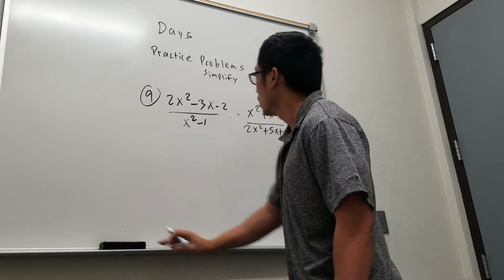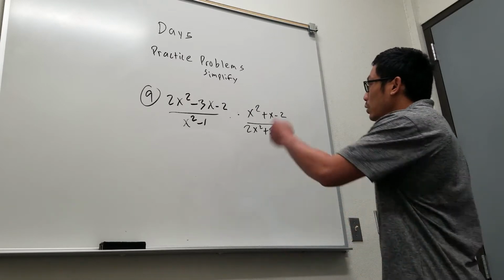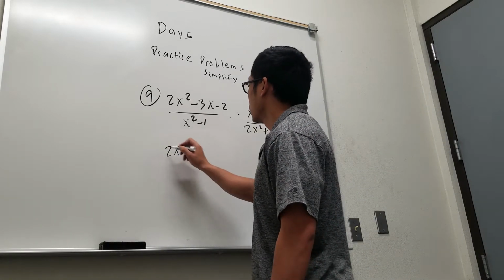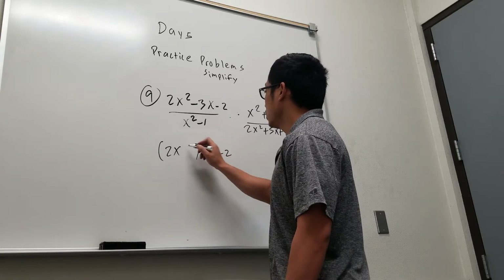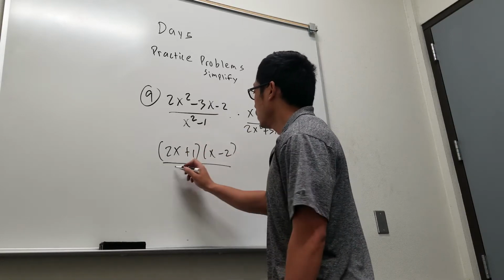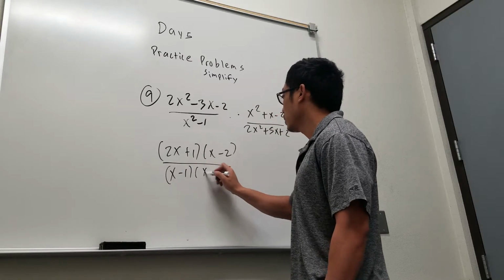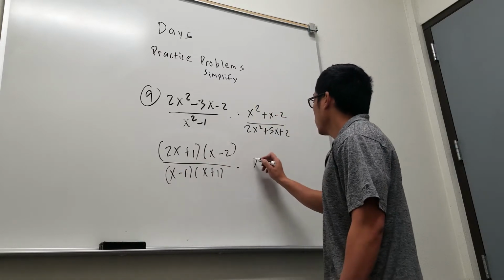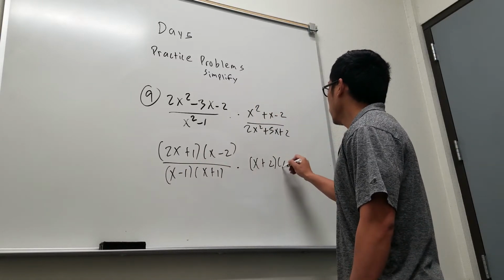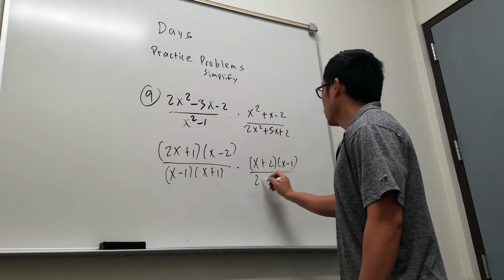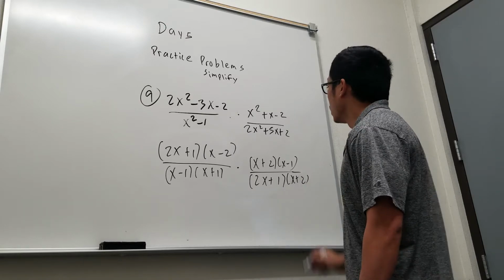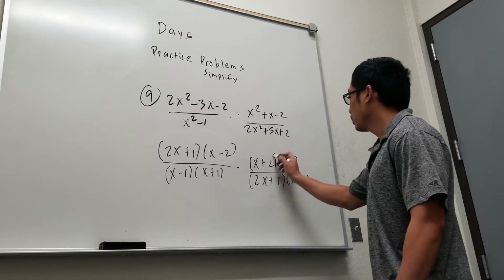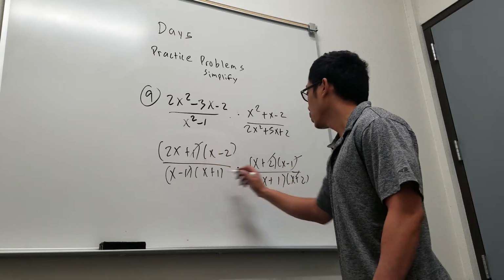Now we got to factor, so you have 2x plus 1, x minus 2, x minus 1, x plus 1, x plus 2, x minus 1, then 2x plus 1, x plus 2, right? Now we just have to simplify.